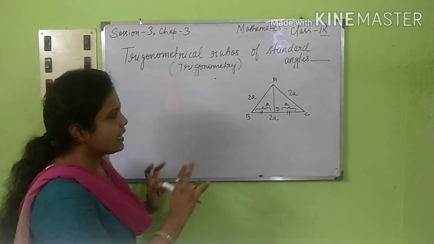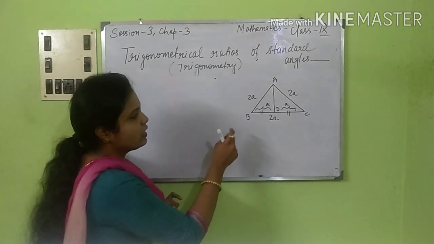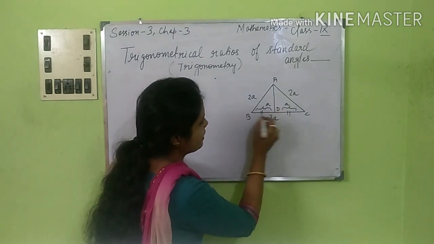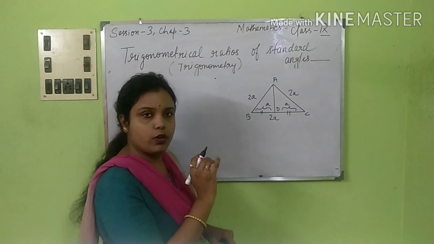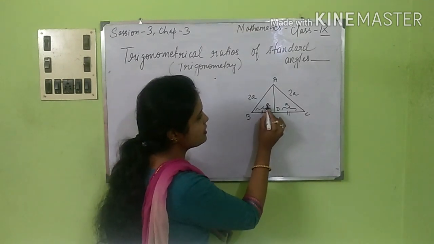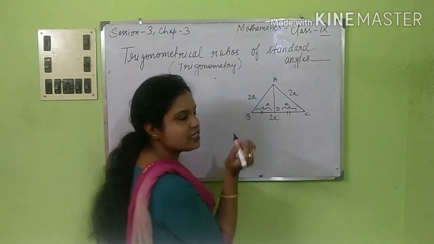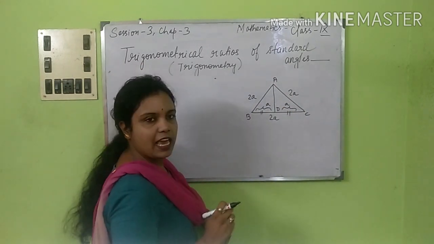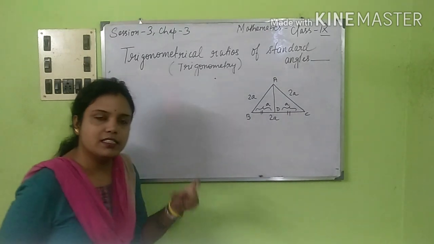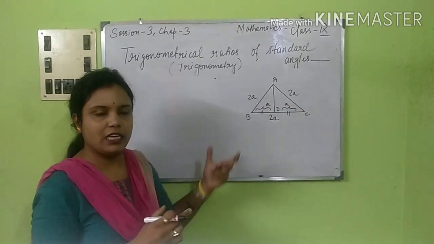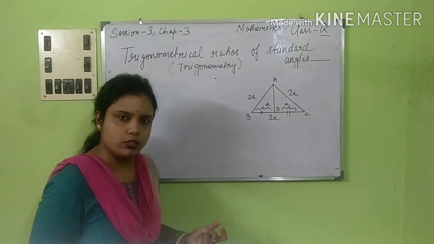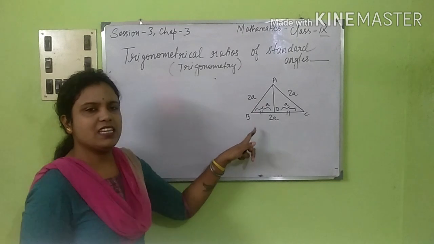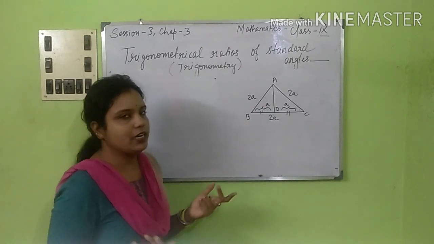Considering this, we take the sides as 2a, and since AD divides the base BC into two equal parts, BD is equal to DC. Therefore BD is a and DC is a. Since the side was considered as 2a, I have just taken 2a for easy calculation. Otherwise you can take a also, in which case it will be a by 2 each. Just for easy calculation I have taken 2a.